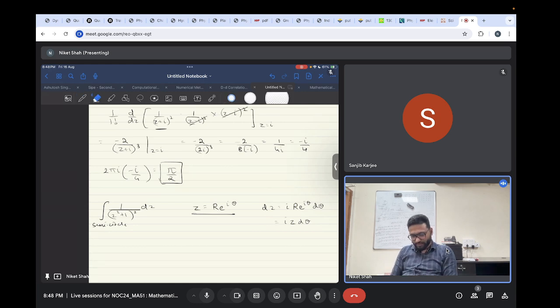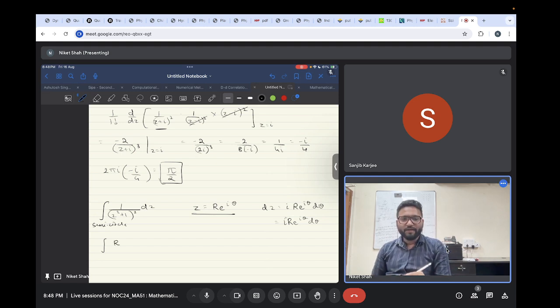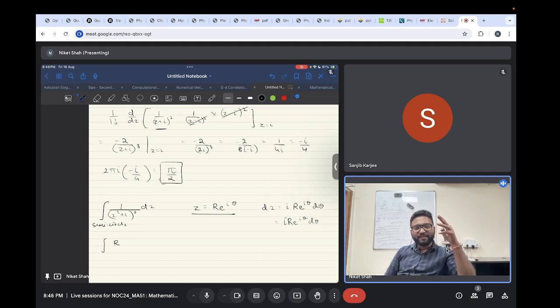Now let's write it as i r e raised to power i theta d theta only. Actually, there is something called Jordan's lemma, which tells you that if your denominator is going at a power greater than 1 by r, in that case, the integral of this form always goes to 0.